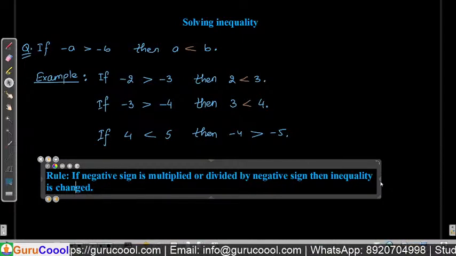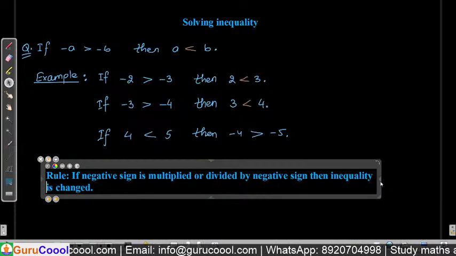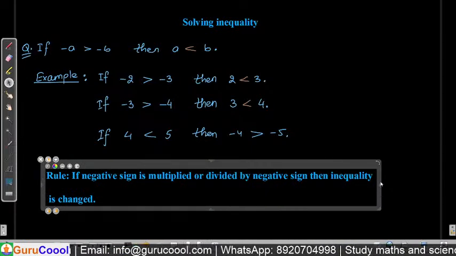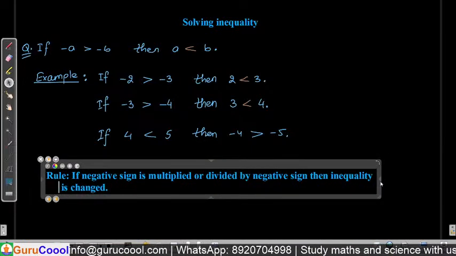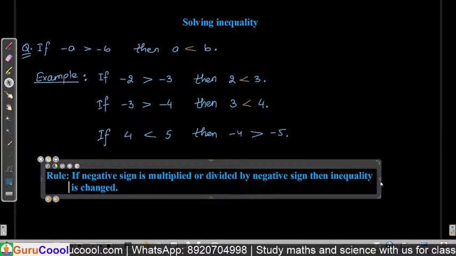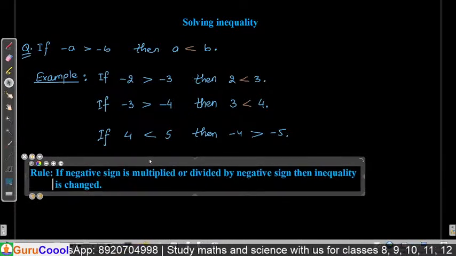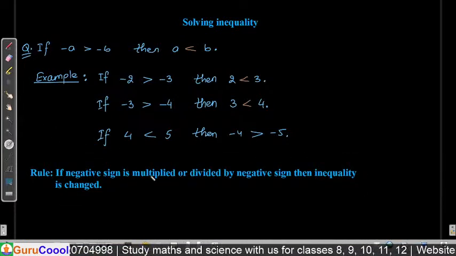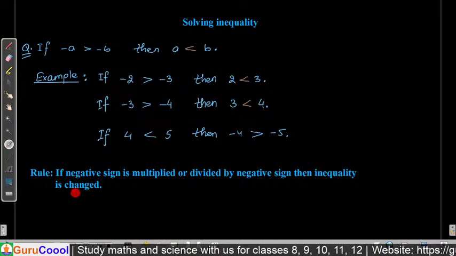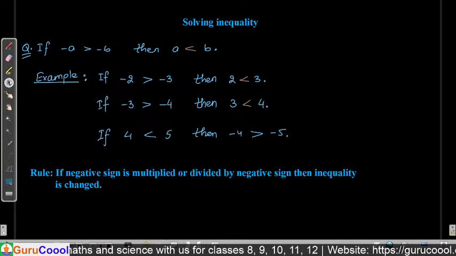This is the rule I have taught. Does this make sense? If you multiply both sides with minus sign, or if you divide both sides by minus sign, then inequality changes. This is what I taught.